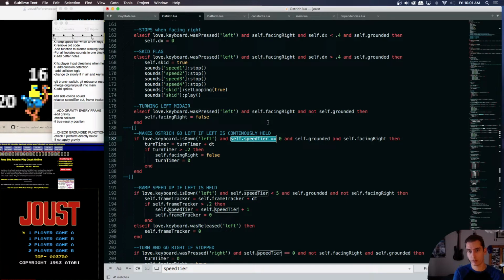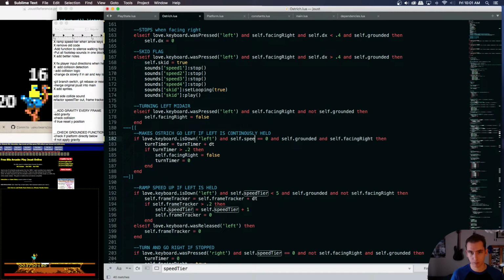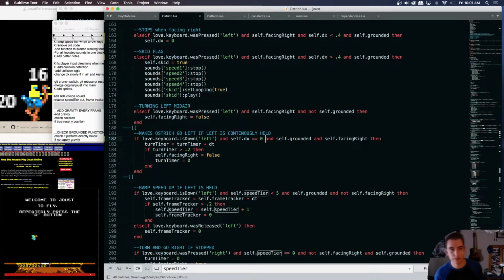Oh, and I'm stopped. Yeah, okay. That's right. Pretty sure. So if our dx is 0, that means we're not moving. Then at that point, so yeah, that's the one that you test for the continuous input. Once you're skidding to the right, you'll slow down to a 0. You keep it held. Then after 1/5 of a second, once you're stopped, you'll start going left.